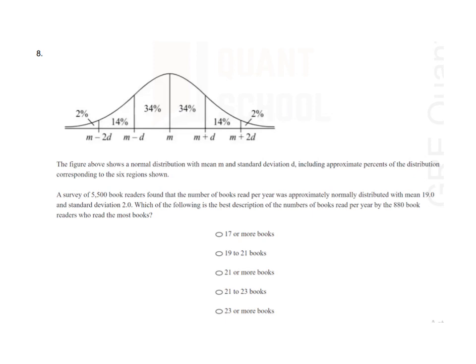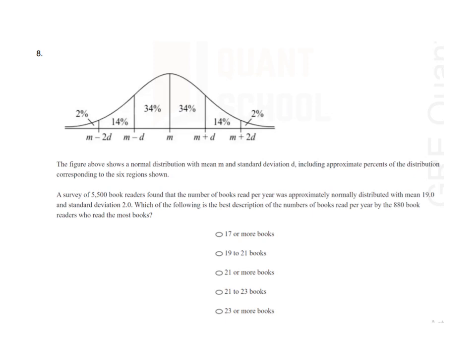Let's move to the next question. You can see that a normal bell-shaped curve is given here. The figure above shows a normal distribution with mean M and standard deviation D, including approximate percentages of the distribution corresponding to the 6 regions shown.